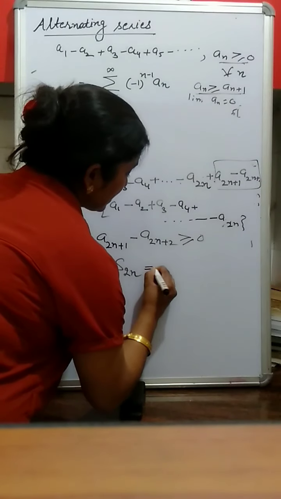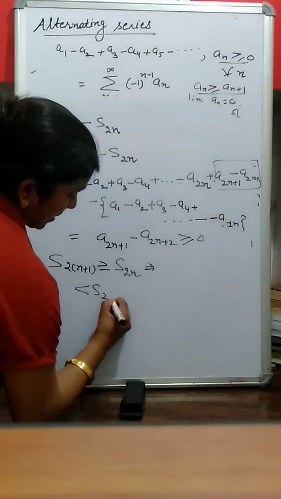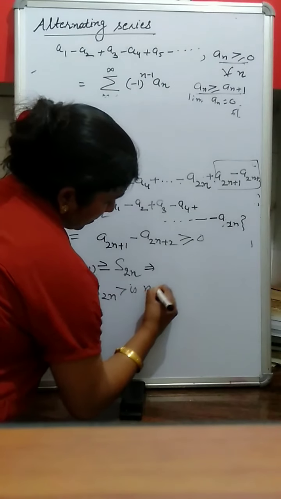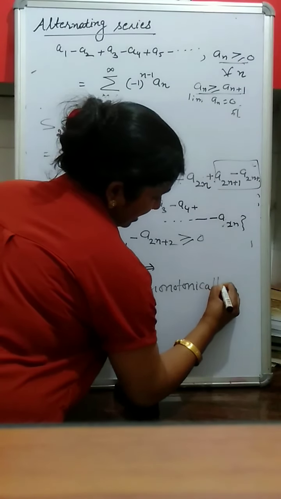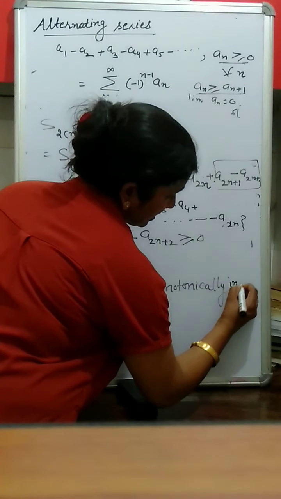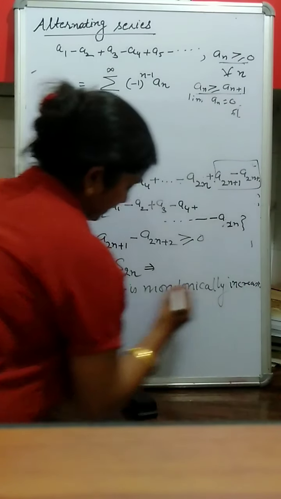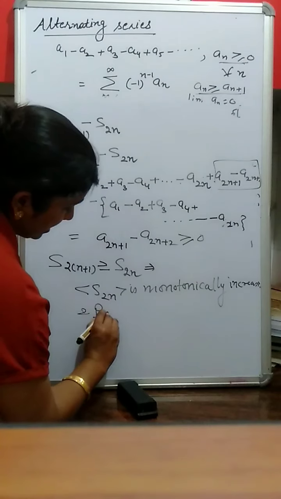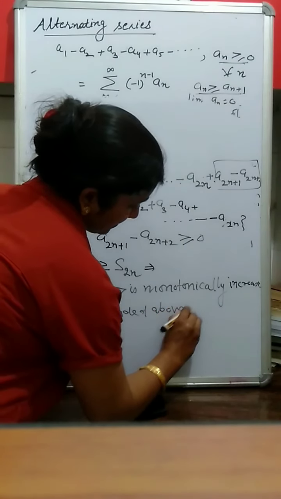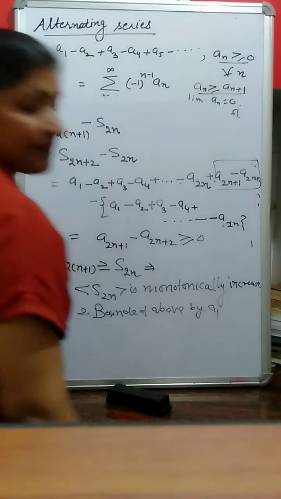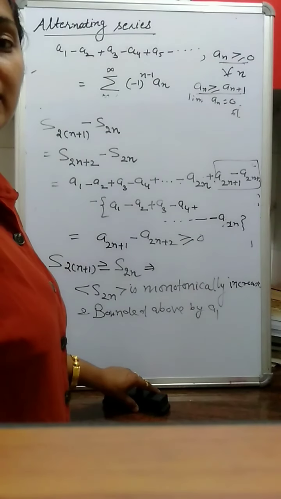And it implies the sequence S_{2n} is monotonically increasing. And we have proved earlier that it is bounded above by A1. Okay? So this is convergent.